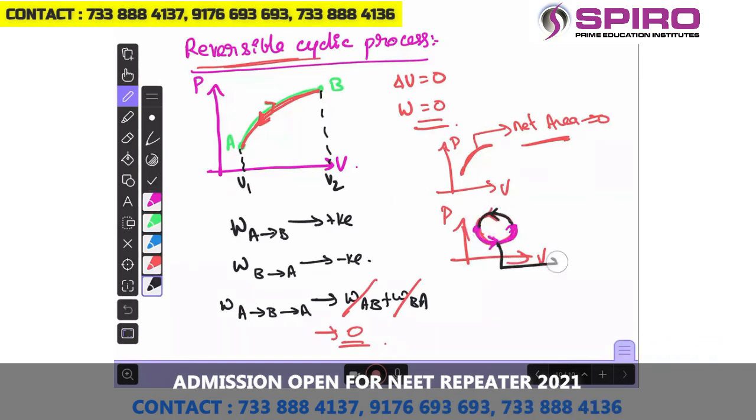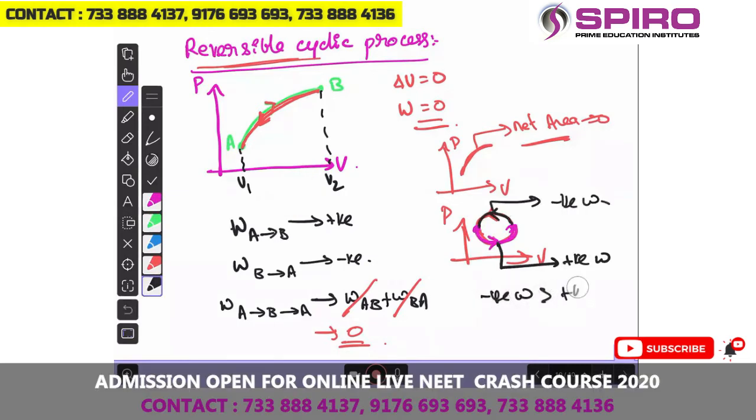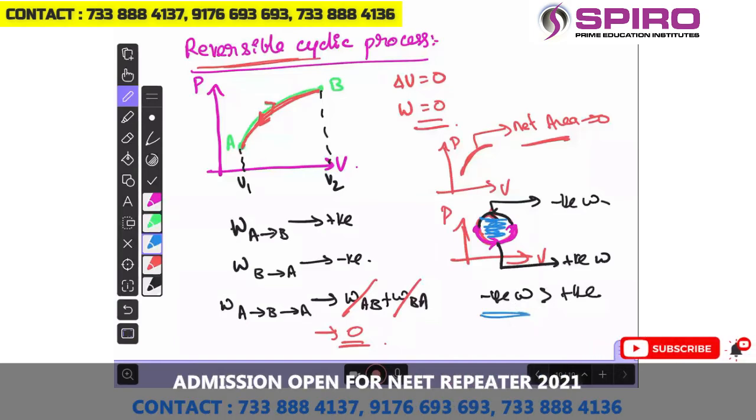Here, the negative work is greater than the positive work. So the area bound by this graph will be the area of a circle or an ellipse, whatever it is. Being the negative area is more, the net work done will be negative. That is one important example for the irreversible cyclic process.